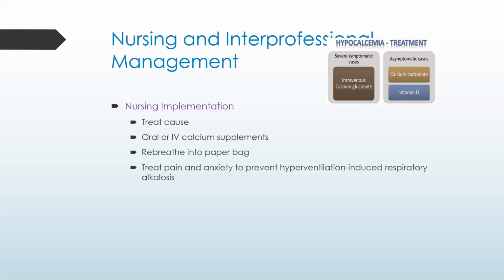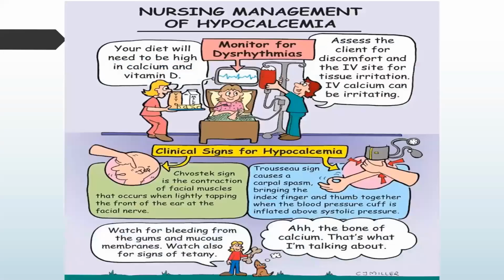Measures to promote carbon dioxide retention, such as breathing into a paper bag or sedating the patient, can control muscle spasms and other symptoms of tetany until the calcium level is corrected. Patients taking loop diuretics may need to change to thiazide diuretics to decrease urinary calcium excretion. Adequately treat pain and anxiety because hyperventilation-induced respiratory alkalosis can precipitate hypocalcemic symptoms.